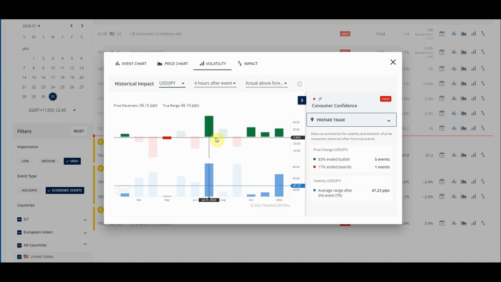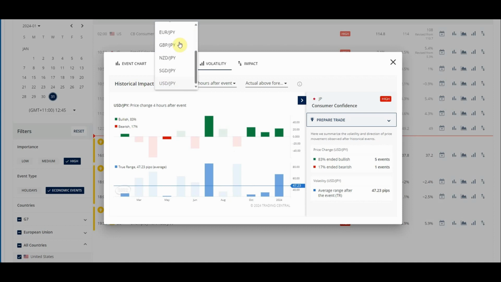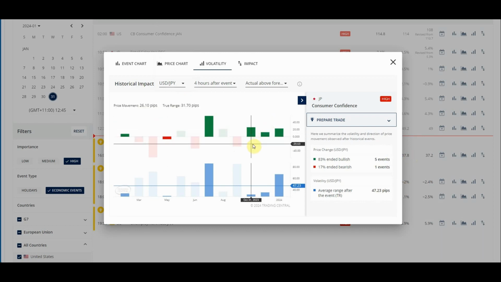We're just going to use this for the example. I just wanted to show you that there are other currency pairs that you can search through and do this process with. So from this insight, if the actual is above the forecast of 37.8, we're expecting it to drop a little bit and then go long for the following 4 hours or thereabouts.